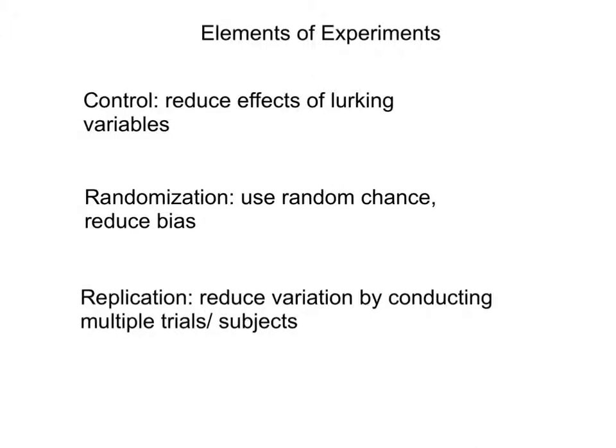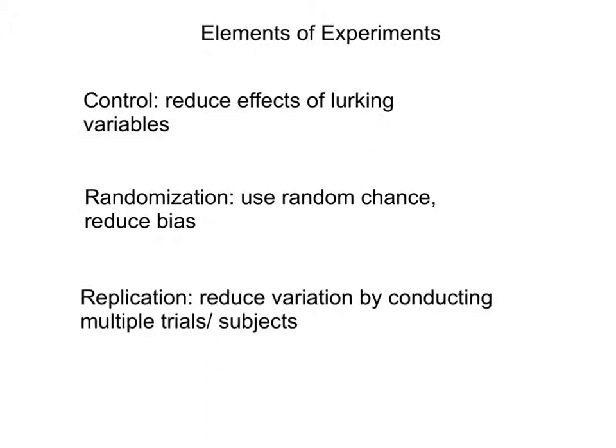There are different elements of experiments. One is control. This is used to reduce the effect of lurking variables. For control, usually you would use one treatment versus another treatment, and you would try to keep all the other variables the same in order to reduce the effects of lurking variables.